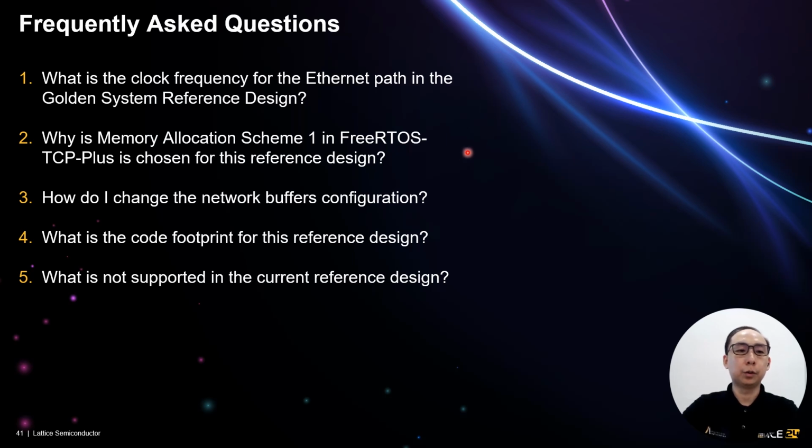Question number 2. Why is memory allocation scheme 1 in FreeRTOS TCP Plus chosen for this reference design? So we chose scheme 1, again, that is the statically assigned memory allocation, mainly for the runtime performance.